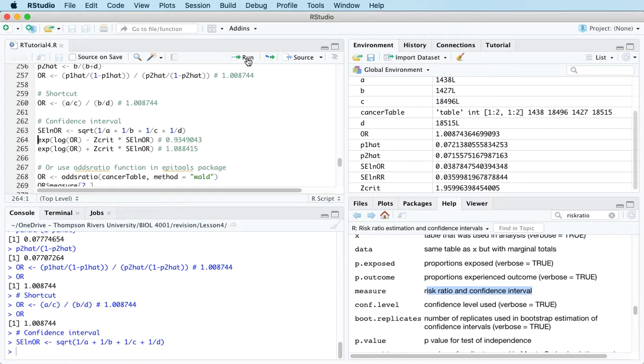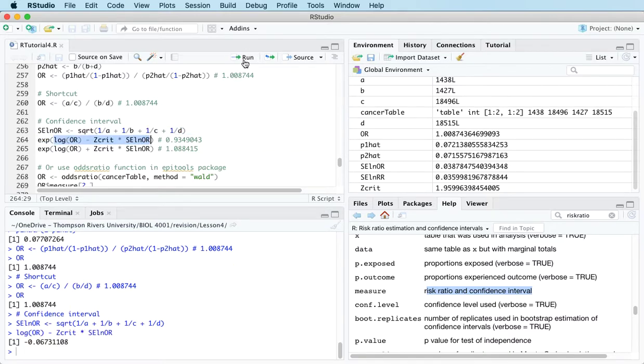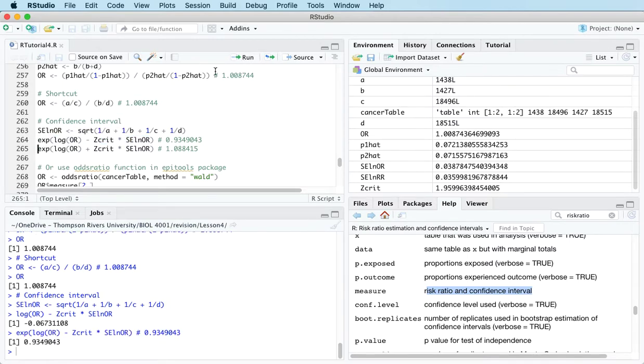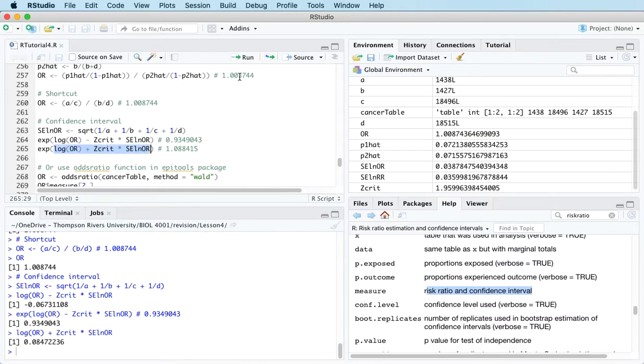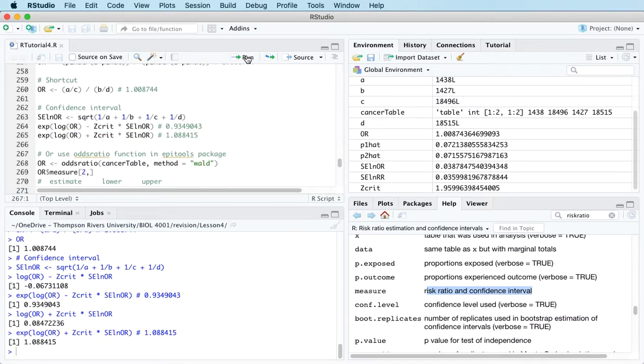This is the standard error for the log odds ratio, and then this piece is the lower bound for the log odds ratio, and if I exponentiate it, it's the lower bound for the odds ratio itself, and then this would be the upper bound for the log odds ratio, and exponentiating that number gives us the upper bound for the odds ratio.